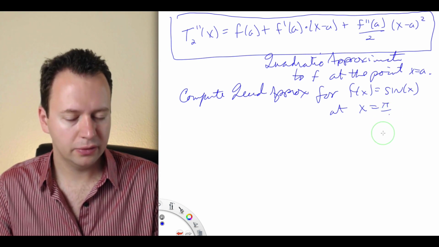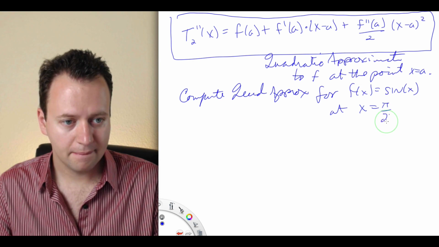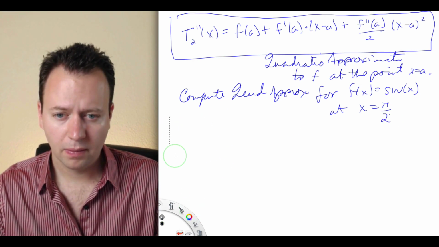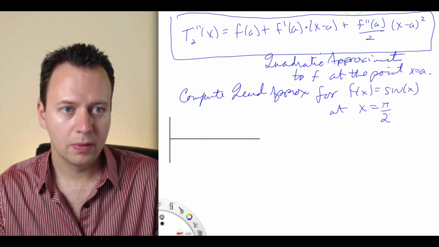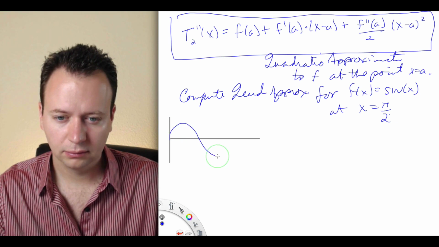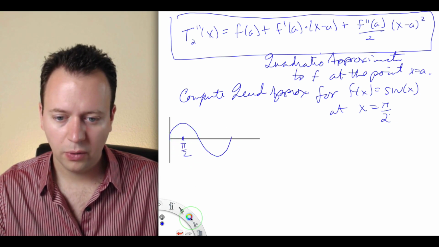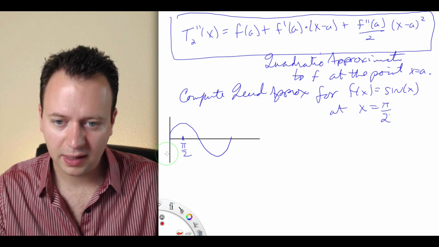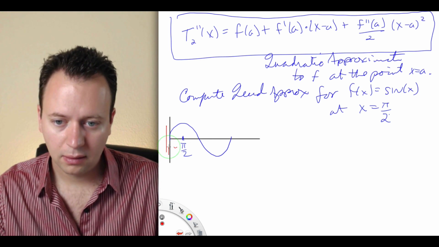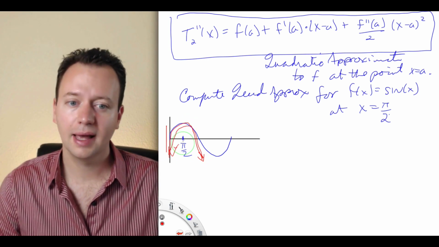Let's do pi over 2. Sine of x looks like this, and here's pi over 2. So we would expect some sort of quadratic that is pretty close to the sine function like that.